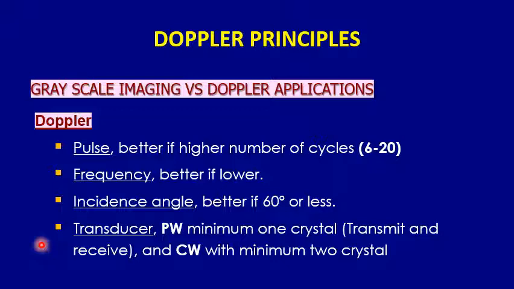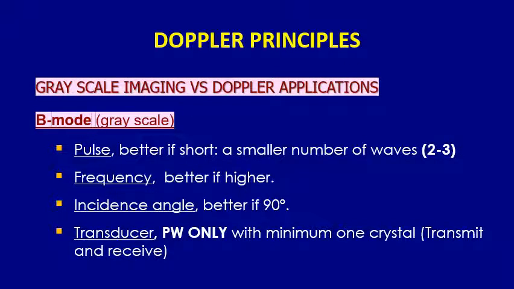Usually we can use the Doppler application with a pulse wave or continuous wave transducer. We know that a pulse wave transducer can operate with a minimum of one crystal, which alternates between transmitting and receiving times. While in the continuous wave, we have a minimum of 2 crystals, one of them continuously transmitting and the other one continuously receiving.